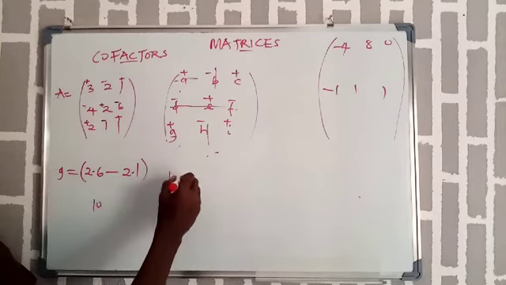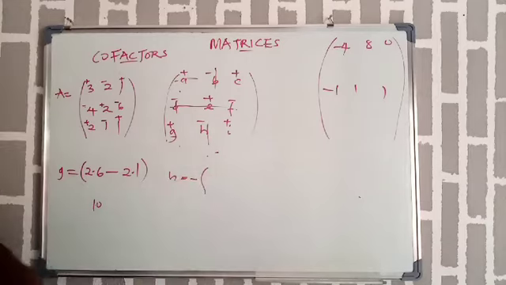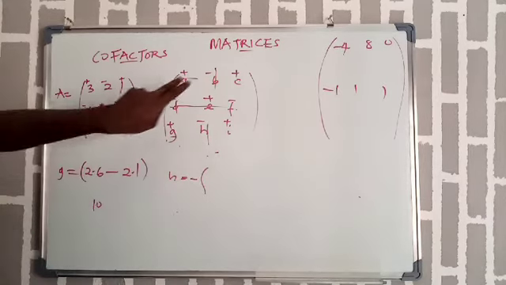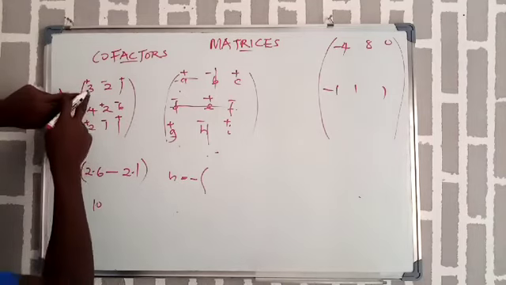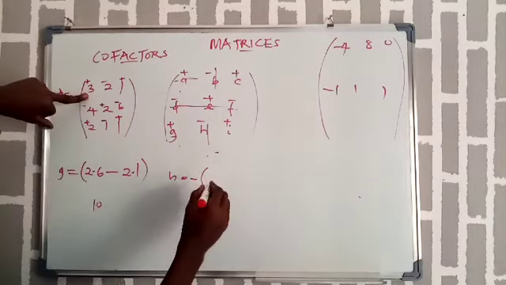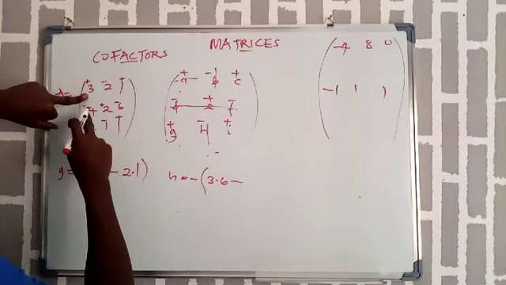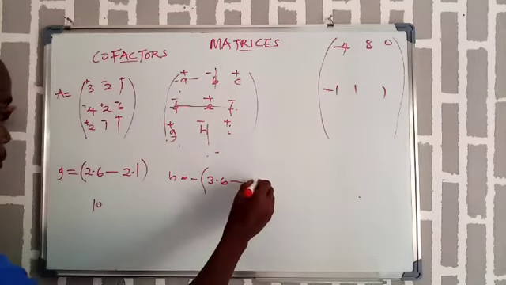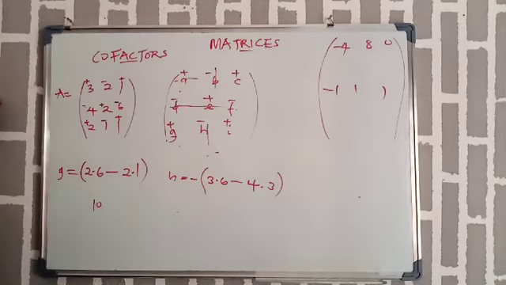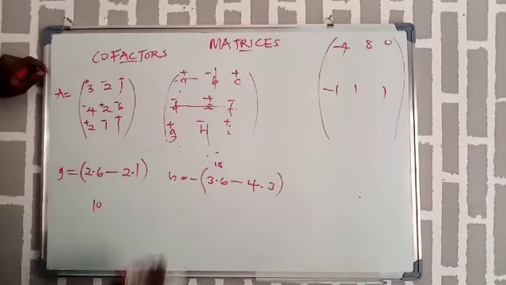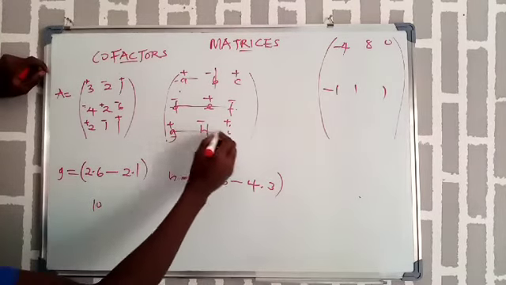Go for H. Remember H is minus, so you write out the minus. Cover here and cover here. We are left with A, C, D, F. That's 3, 1, 4, 6. So we're going to say 3.6 minus 4.1. Remember we are working with H, so we cover here and cover here.